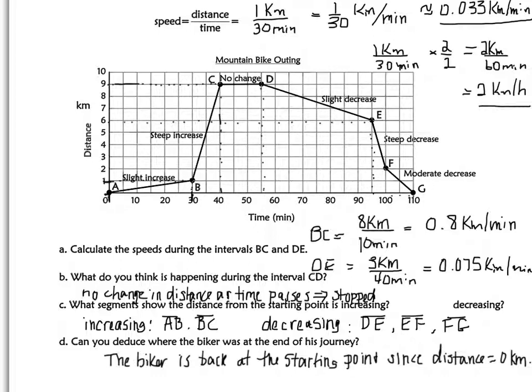And you can see from some of our calculations, if we look back at question A, BC had a speed of 0.8 kilometers per minute, and DE had a speed of 0.075 kilometers per minute, and BC obviously is much steeper than DE. So you can see that the speed is much higher.